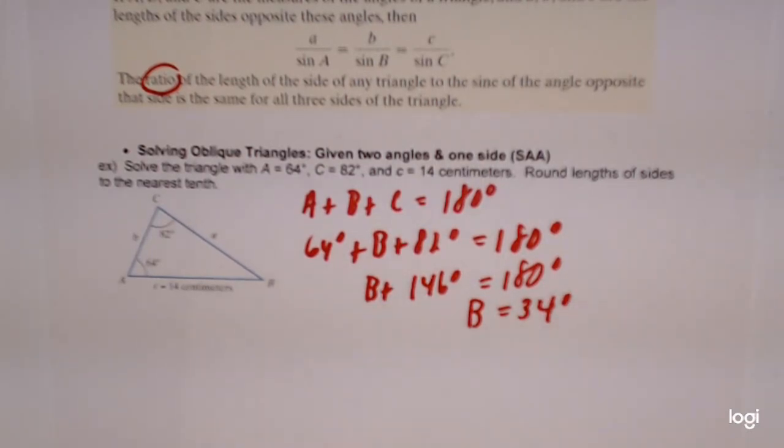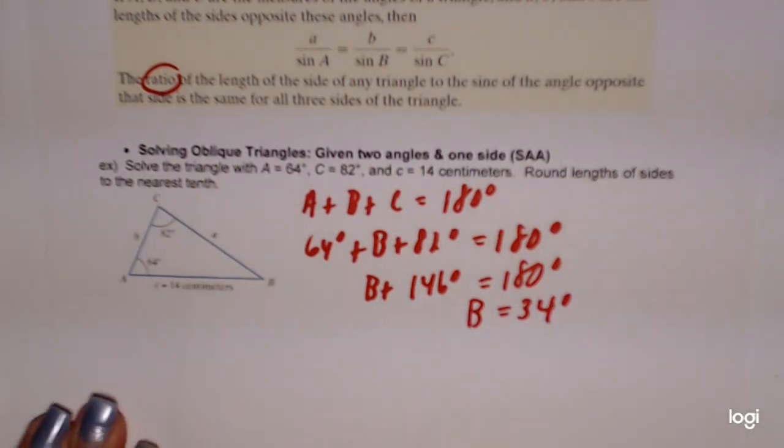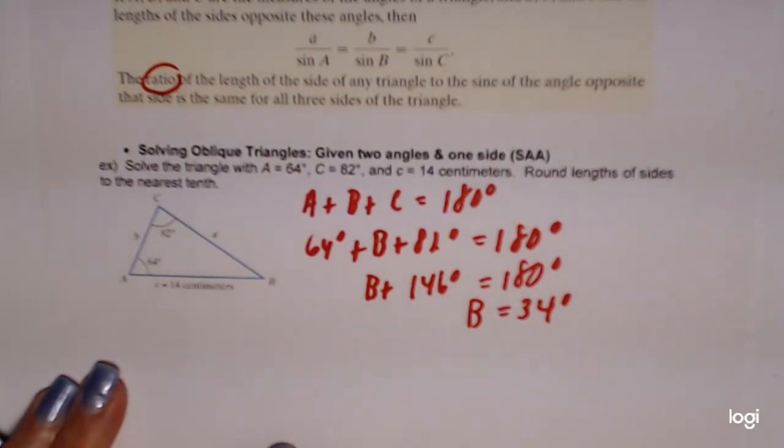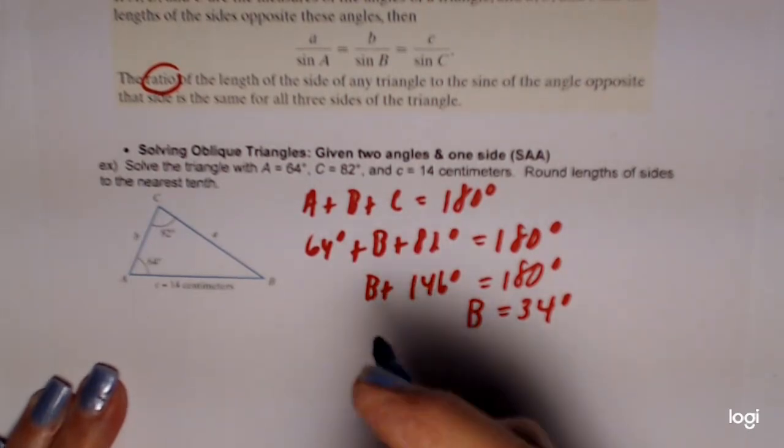So we have all three angles. And now we only have one side, side c. So we need to find the other sides of this triangle. Because we don't have our 90-degree angle, we can't do the usual sine and cosine to figure out the information that way. So we have to use the law of sines. What information do we have? What ratio do we have that we can start with?